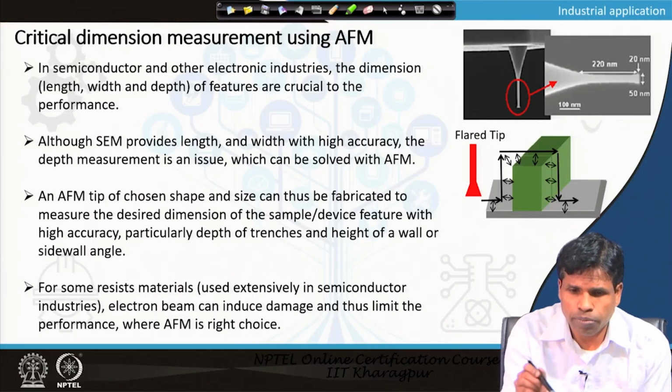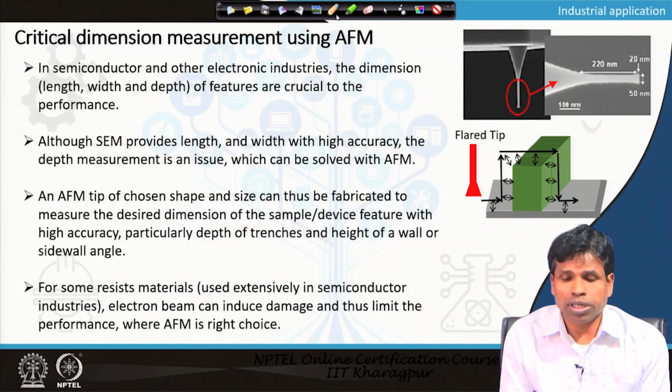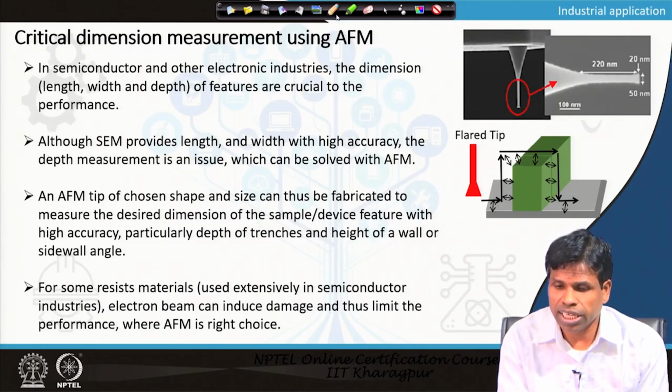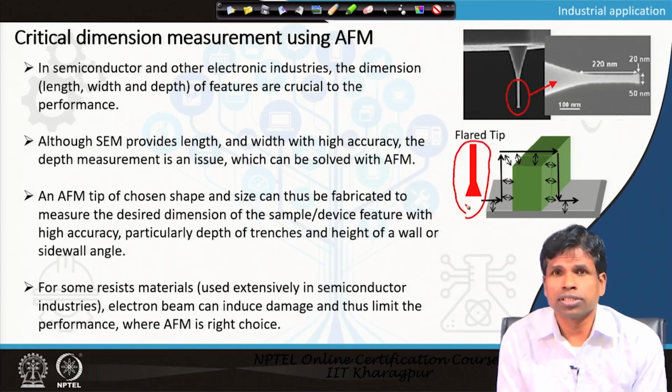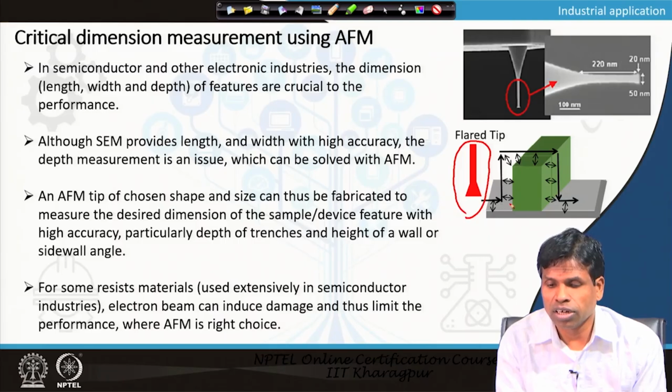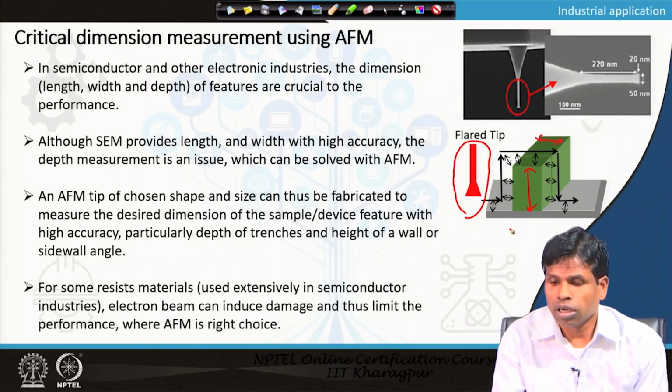In these cases, for example, a particular type of tip is chosen to measure this feature size. Here a flat type of tip is chosen, so as to measure the height of this feature, the width of this feature, and also the length of this feature.